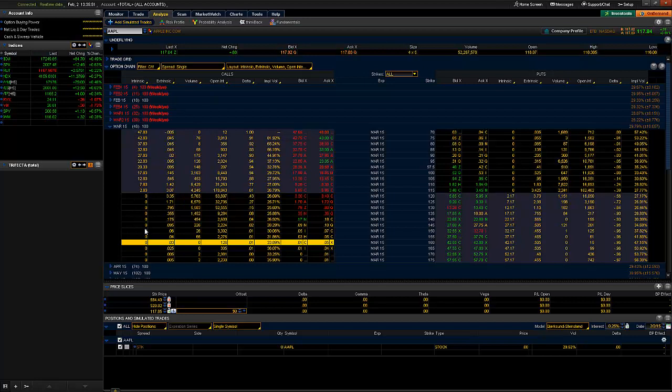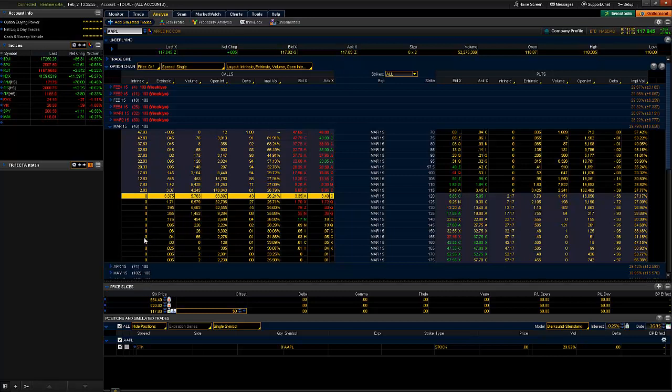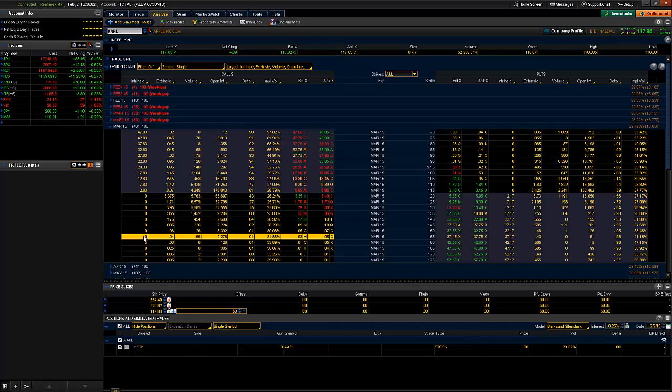So that means that this option from right here out on the call side has no intrinsic value. You can buy and sell these, and all you are exchanging is extrinsic value. And extrinsic value is the moneyness of the option, which means that this is what traders believe the market is going to do.